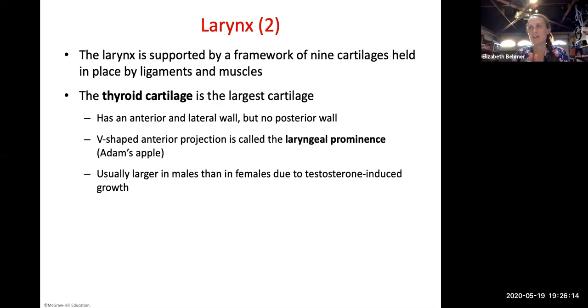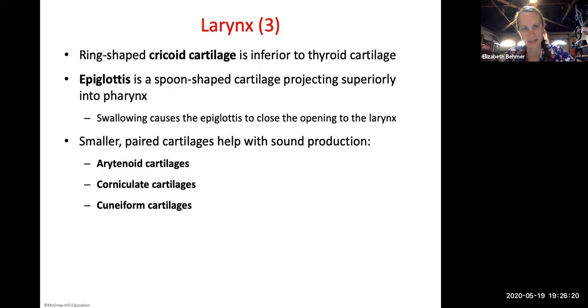Because their vocal cords are getting longer, I think that's what causes the pushing out of the thyroid cartilage, and I'll show you a picture of this, giving them a more noticeable Adam's apple or prominence. If we were in class, I would have us look at all the guys and notice their little bump. I don't know if I can even feel my Adam's apple right now.